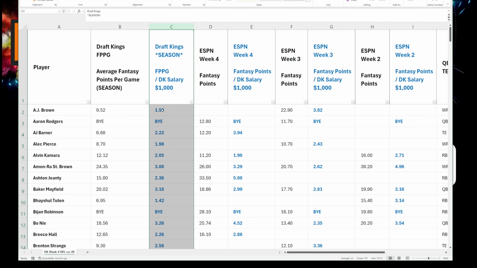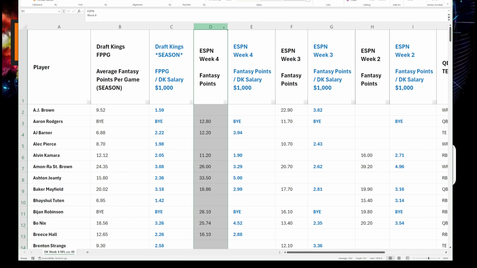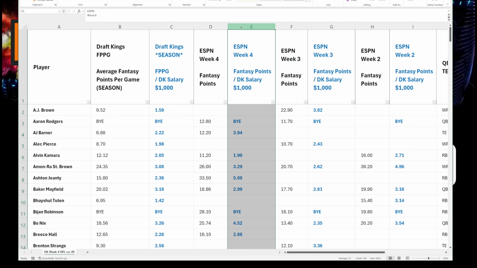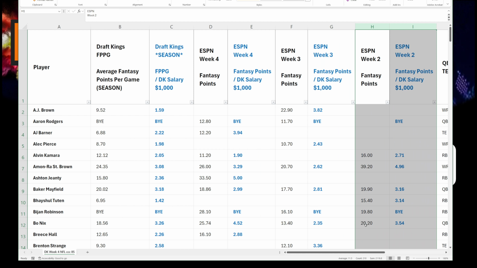So A.J. Brown, for every $1,000 that you pay in DraftKings salary, will give you 1.59 fantasy points. The next two columns have the fantasy point production from week 4. So total fantasy points for that week, as well as the ratio of fantasy points per DraftKings salary dollar, or $1,000. Then I have week 3 and then week 2.